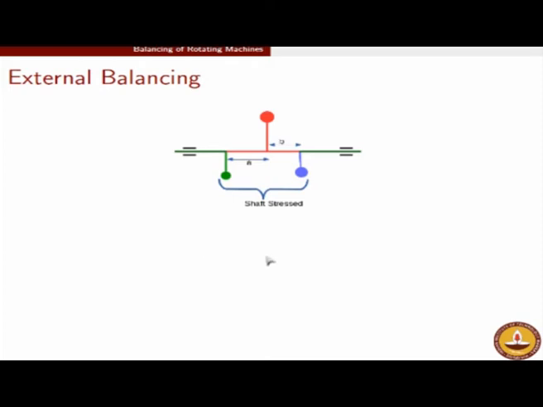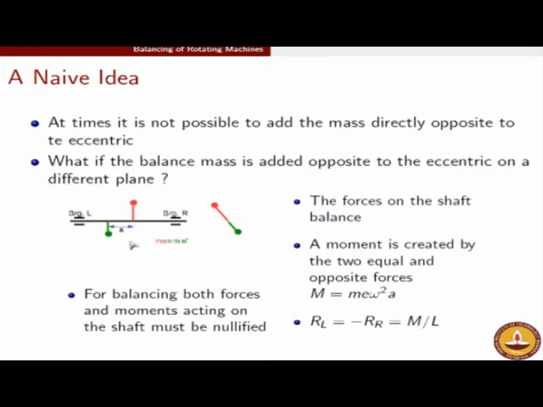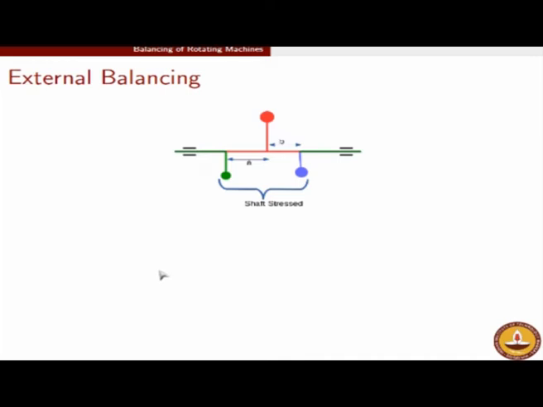Okay, so this is what is called external balancing. Now that we realize it is not a good idea to put just one counter mass, what we will try to do instead is put two masses, which is called two plane balancing, and that is where we are trying to go.